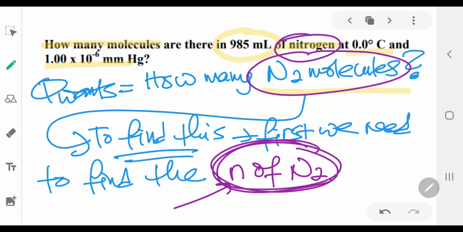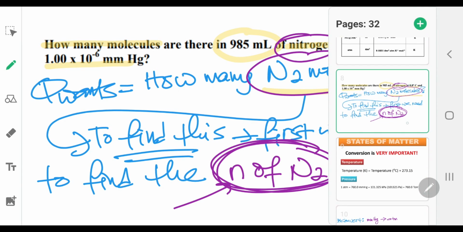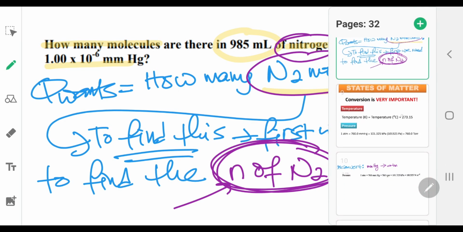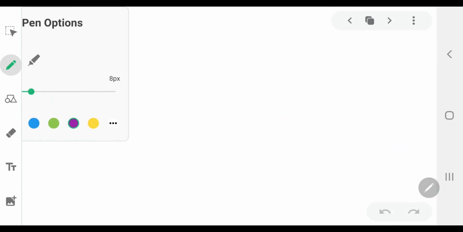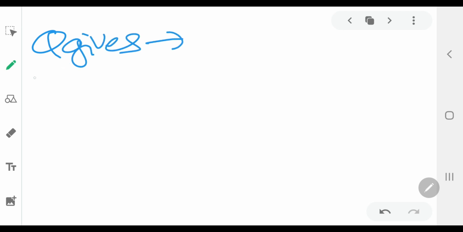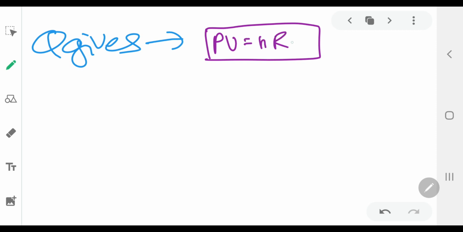Okay, so what we need to do now, we're just going to list down what the question gives. If we want to use PV equals to nRT, we need to make sure that we have pressure given to us.